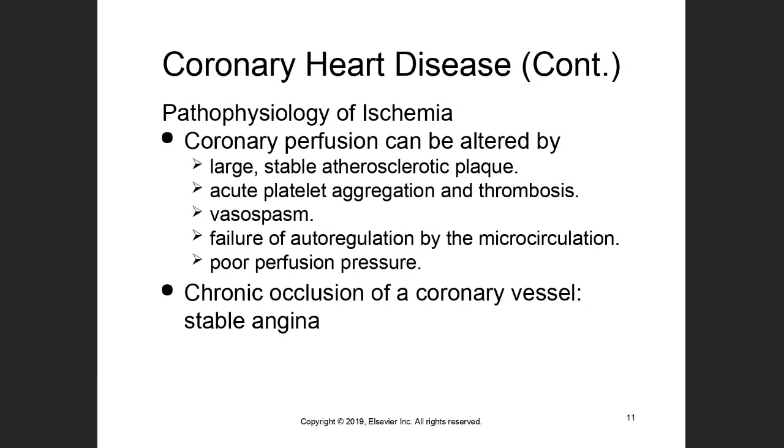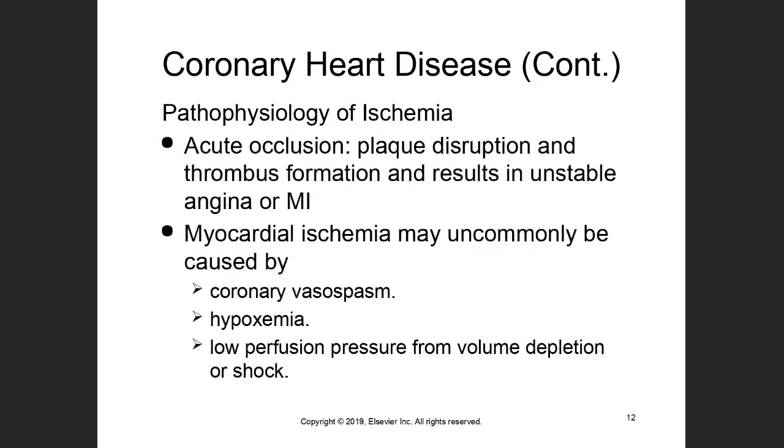There is one type of angina. Angina is the pain in the chest. We have angina pectoris. There is one type of angina pectoris that is called Prinzmetal, and it's due to vasospasm. Acute occlusion, plaque disruption, and thrombus formation result in unstable angina or MI.